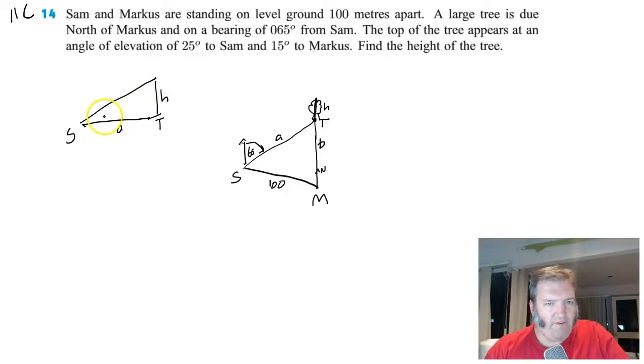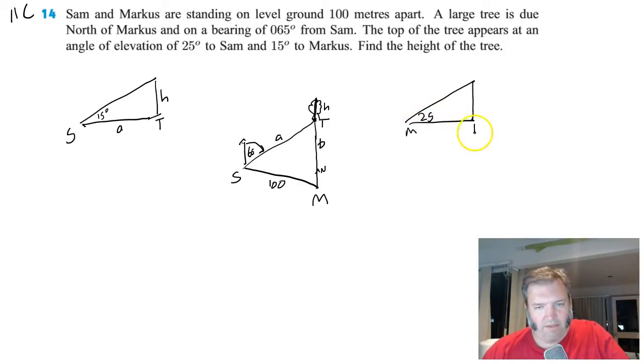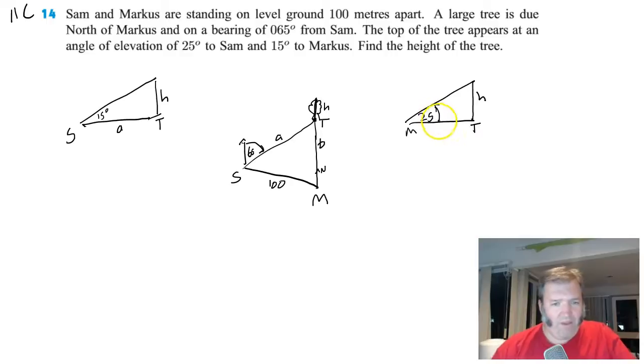And that angle of elevation from Sam is 15 degrees. And we've got another one over here from Marcus, from Marcus to the base of the tree and then the angle of elevation to the top, that's what the 25 degrees was. So there's an H there, and I've called this one B.